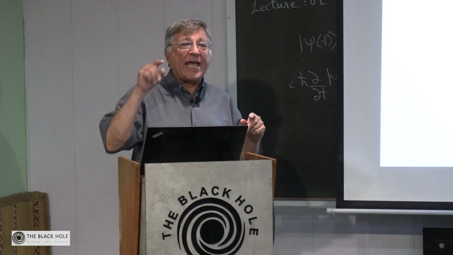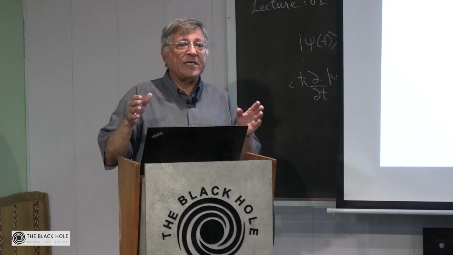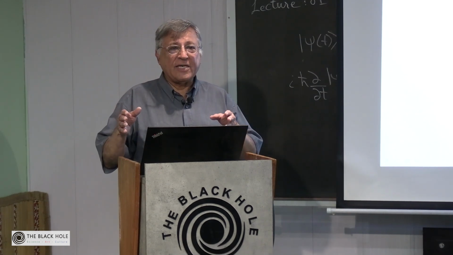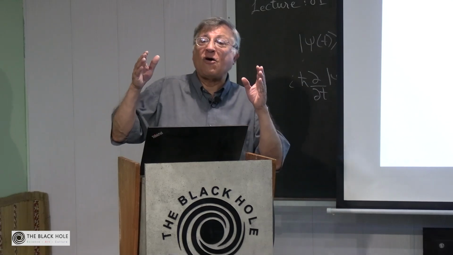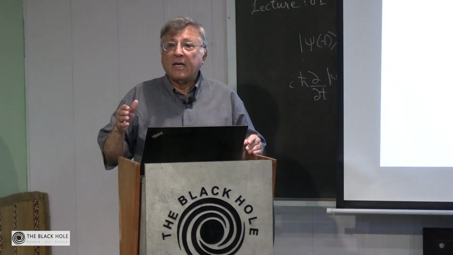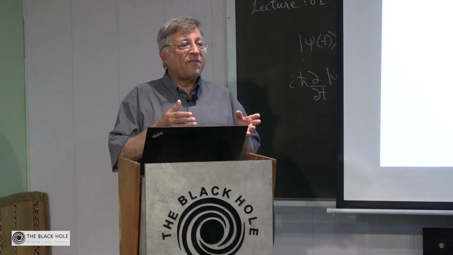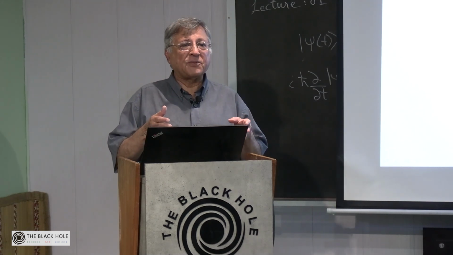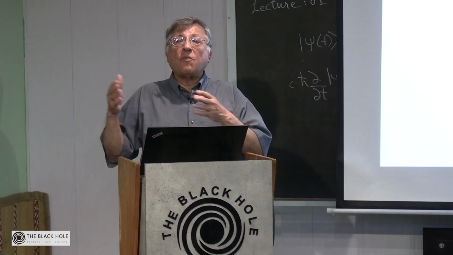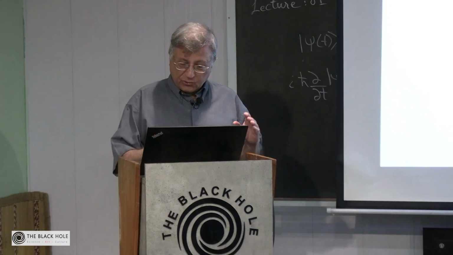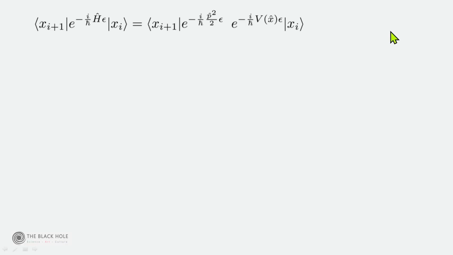You remember the exponential of a plus b is the exponential of a times the exponential of b times the exponential of the commutator. But you see, the exponential of the commutator we can throw away because a is of order epsilon, b is of order epsilon, the commutator of a and b is of order epsilon squared, and we are throwing away epsilon squared. And so this is completely correct as it stands, to order epsilon.